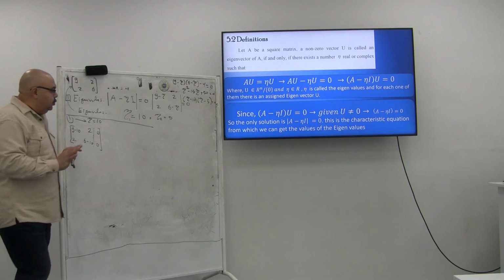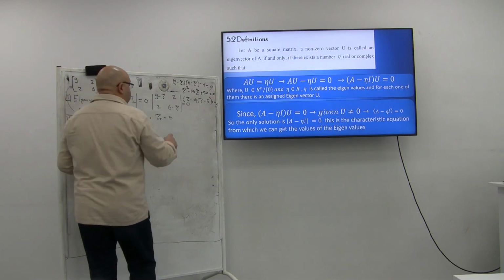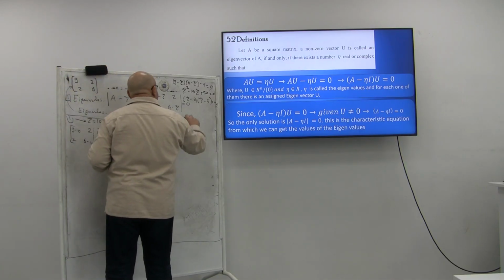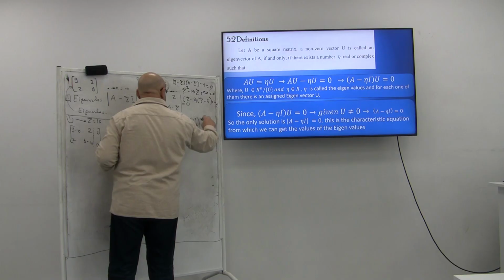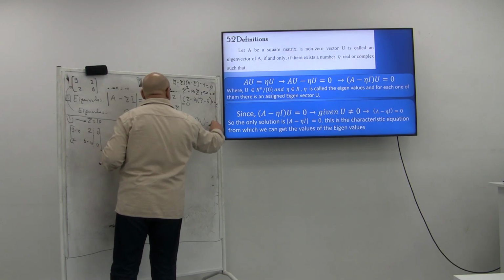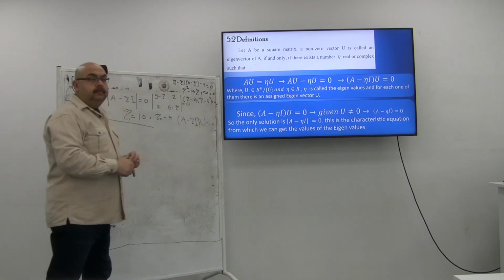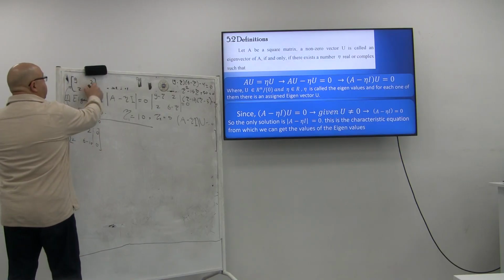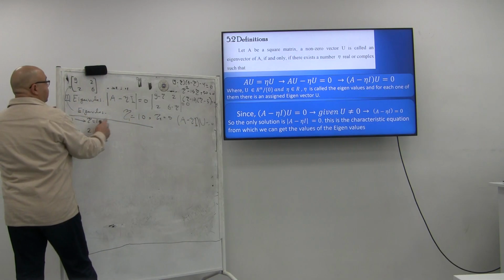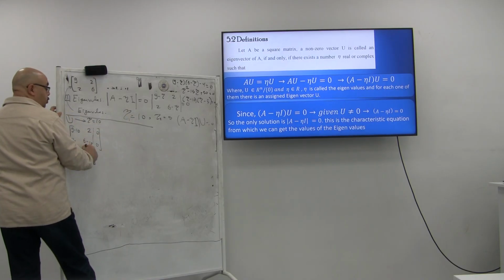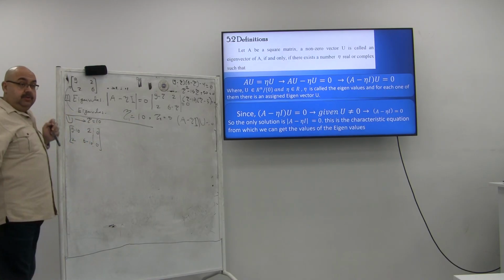I made a direct substitution. Look, Ms. Salma, to the system: A minus eta I, you already know it right now, times U is equal to 0. So that's the matrix A minus the value of eta, which is 10, times the unit matrix, so it will affect only the principal diagonal, and it's equal to 0.